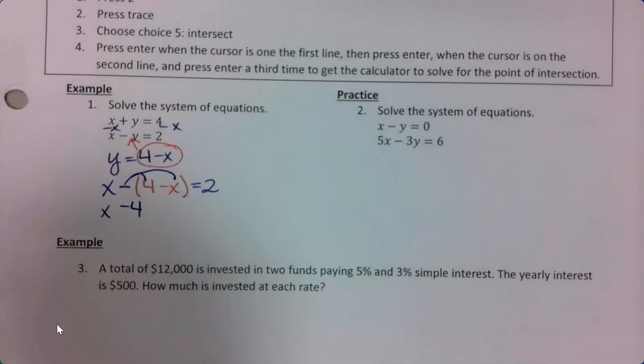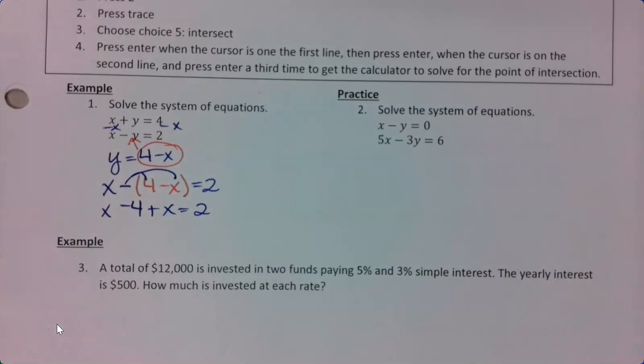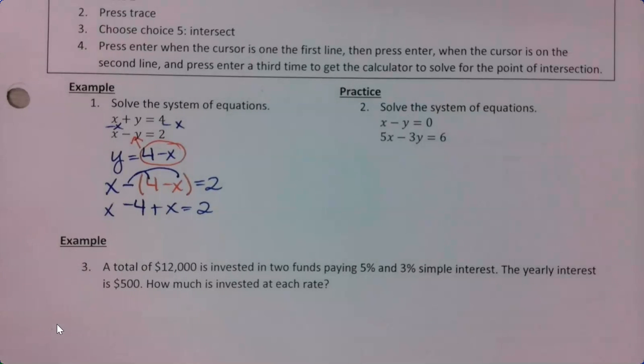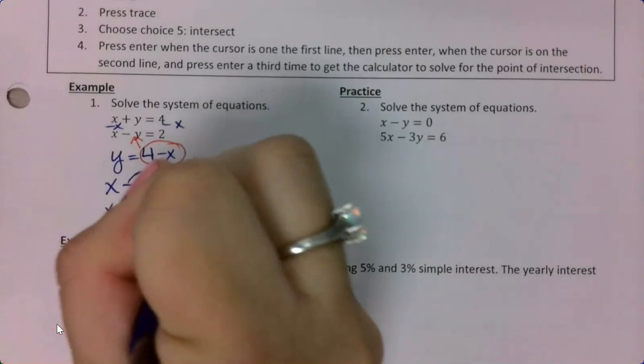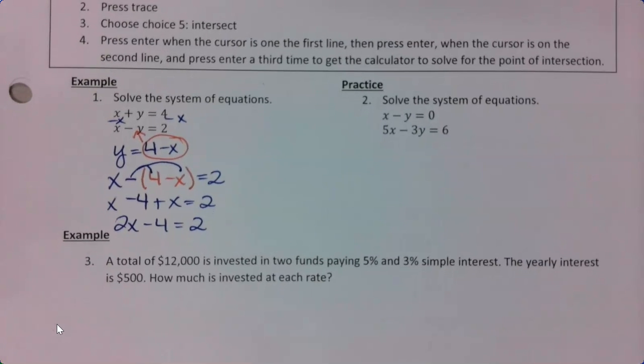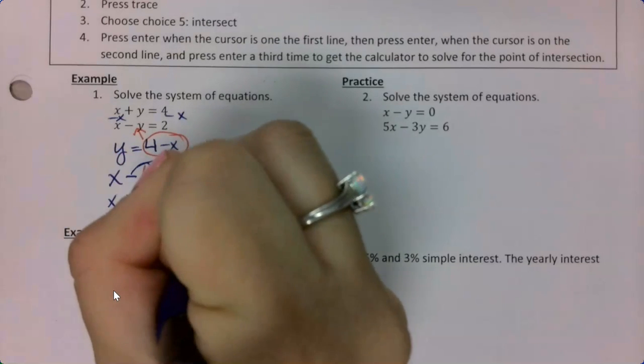And then what happens to that x? This equals 2. Then what do you want me to do? Okay, what should happen next? Add 4 to both sides. So I have 2x equals 6.